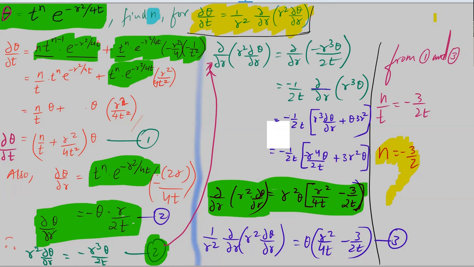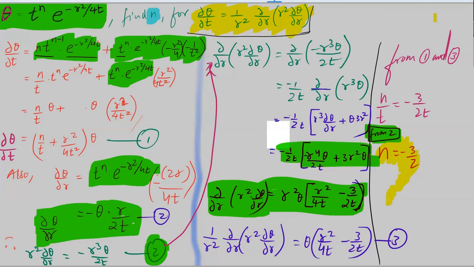R cube theta we differentiate: first into derivative of second plus second into derivative of first. So derivative of r cube is 3r square. And d theta by dr, from equation 2 we can put that value. Value we have substituted from 2.